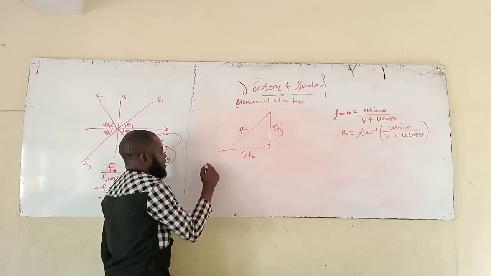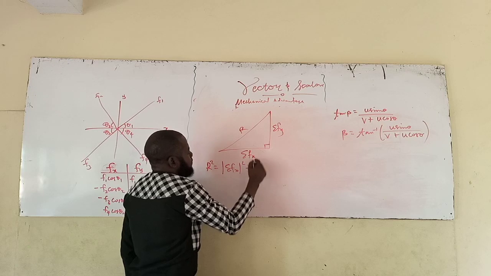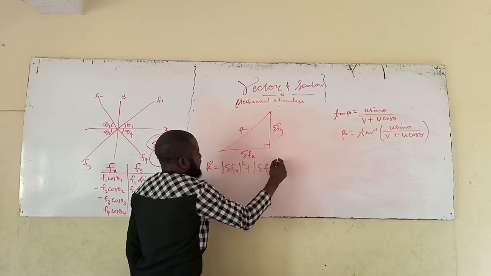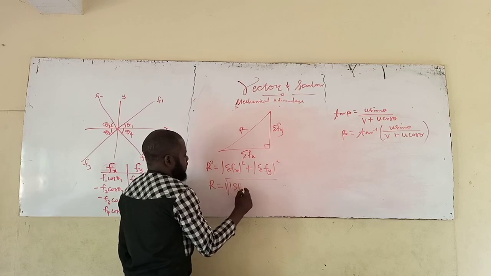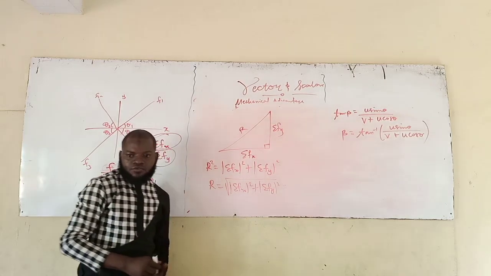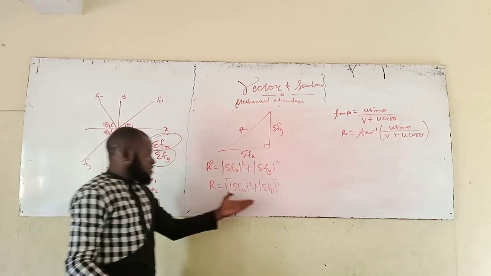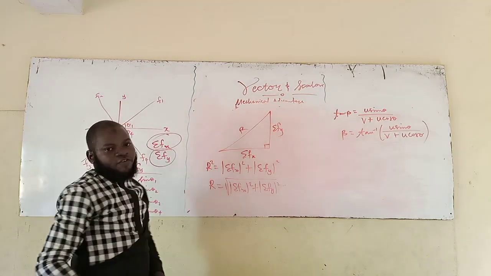Resultant. So the resultant will be R squared equals summation of Fx squared plus the summation of Fy squared. Then R will become the square root of summation of Fx squared plus the summation of Fy squared. So whatever result you have here is the resultant for the whole vector.